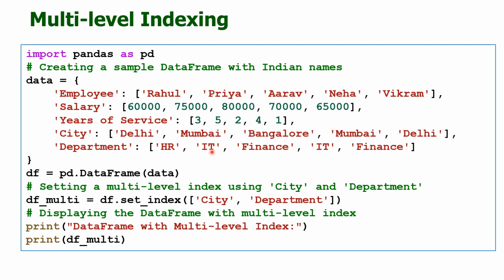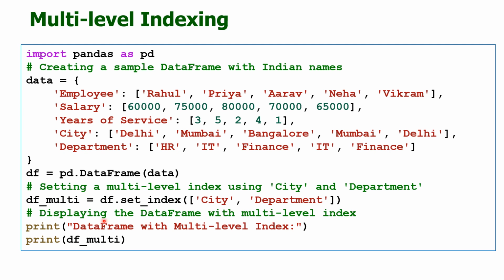So now let us create a data frame, df equal to pd.DataFrame, by passing the dictionary as the argument. Now we can set the multi-level indexing by using df.set_index. Here instead of one label we are passing two labels, city as well as department. In this way we can use multi-level indexing using two different columns.